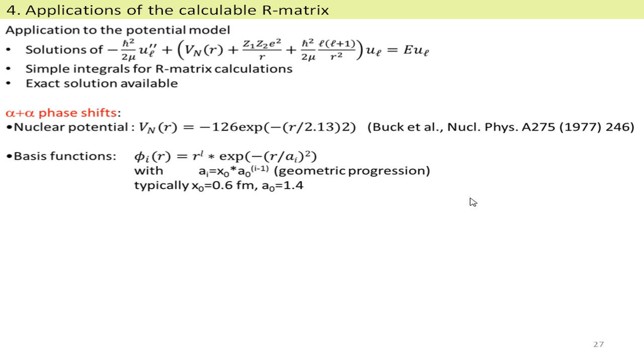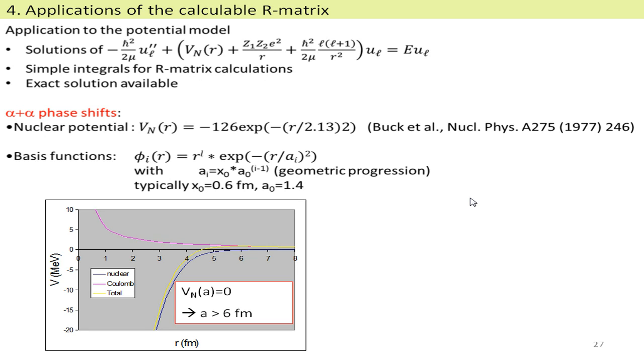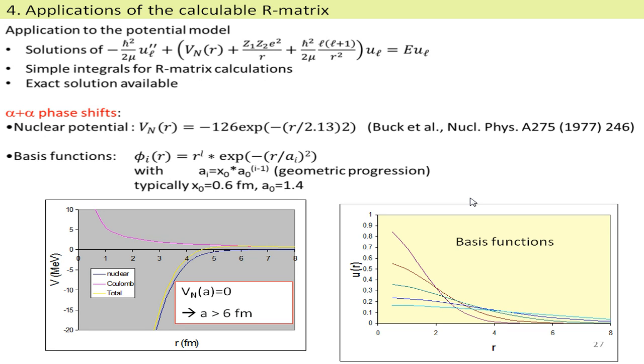Here the basis functions are taken as Gaussians, and the widths of the Gaussians are in a geometric progression, as shown here. So the different basis functions correspond to Gaussians with wider and wider width.